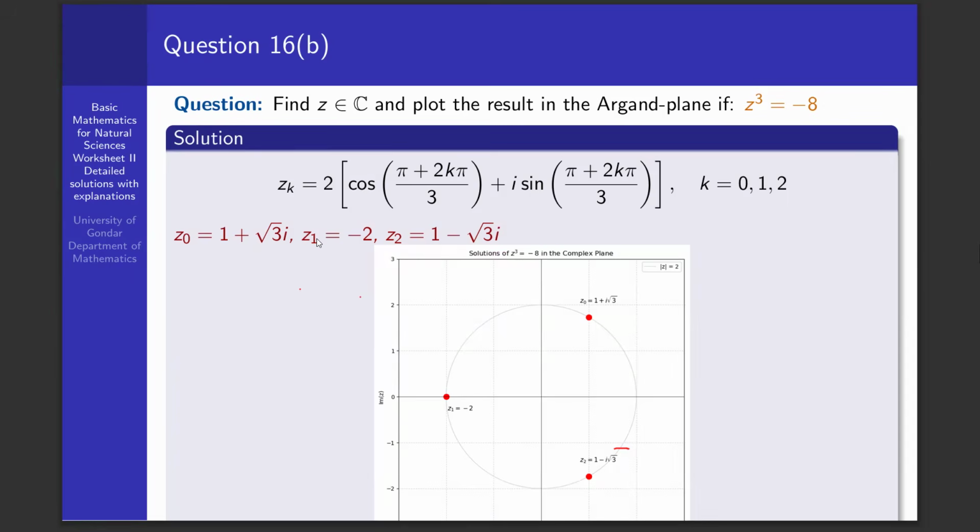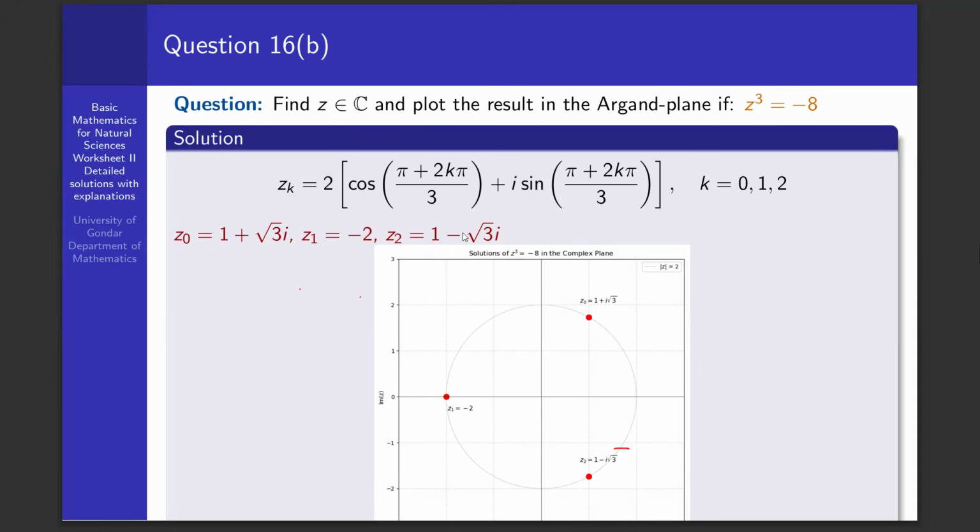And z1, when k is equal to 1, is 2 times cosine of pi plus 2 pi over 3, plus i times sine of pi plus 2 pi over 3.